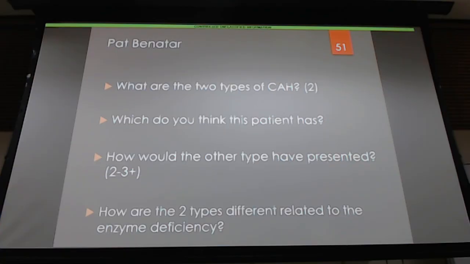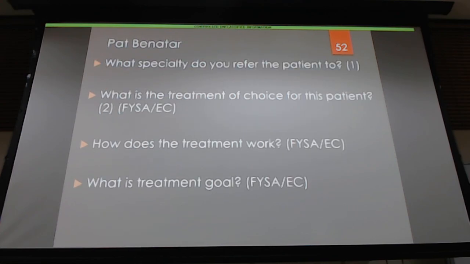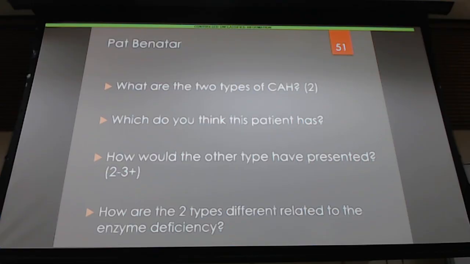Yeah, a baby. They could also have ambiguous genitalia, the virilization, because they never get to cortisol, but they have all the 17-hydroxyprogesterone excess. And what does it do? It goes to androgens and they get virilization. So the patient was not classic.